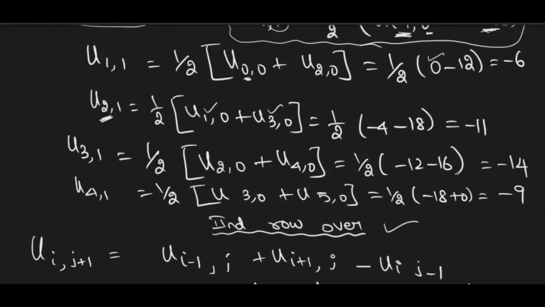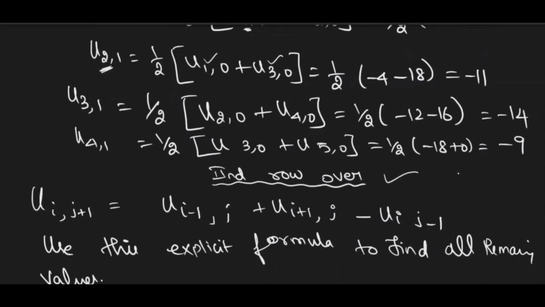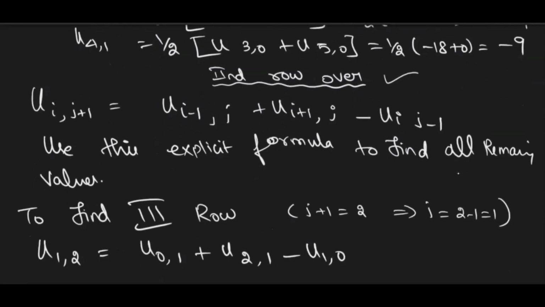So now from the third row onwards, we are going to use this explicit formula, that is u of i comma j plus 1 is equal to u of i minus 1 comma j plus u of i plus 1 comma j minus u of i comma j minus 1. So now we have to find the third row.